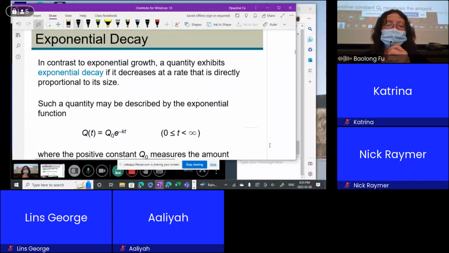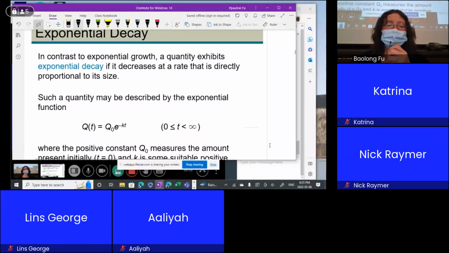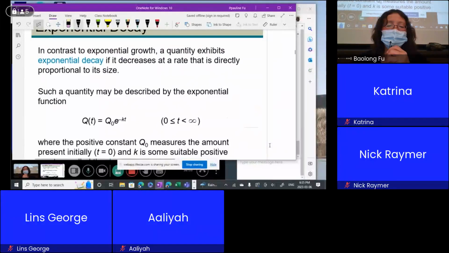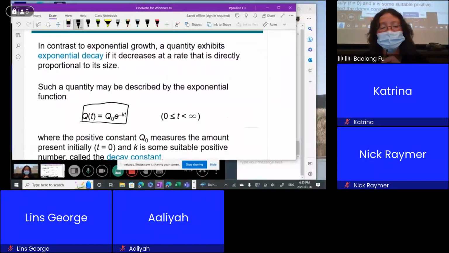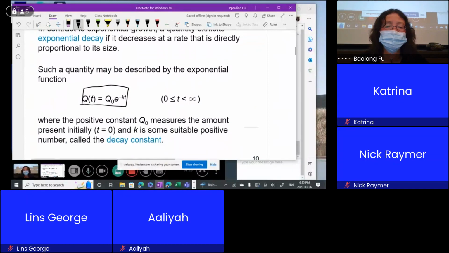So if you have Q(t) equal to Q0 e raised to power negative kt, k is the positive constant.